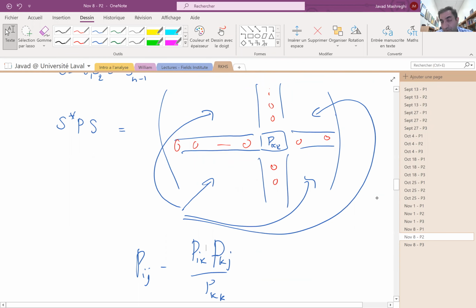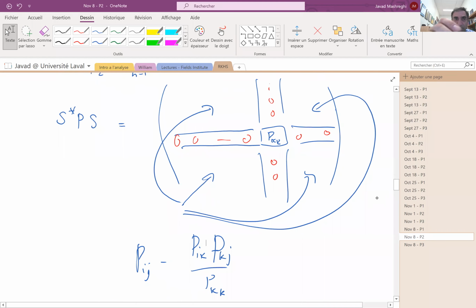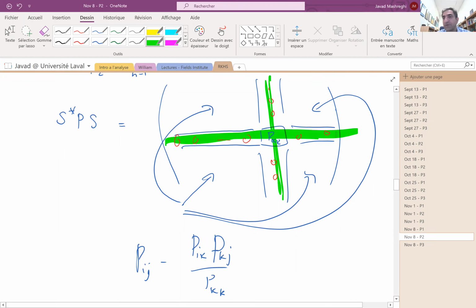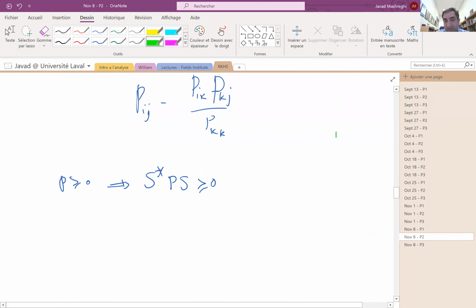And if you remove a row and a column of the same order, here row K and column K, what remains is still a positive matrix. So if you completely remove this, and Pkk as well, you obtain a matrix which is n-1 by n-1, and that matrix is positive.